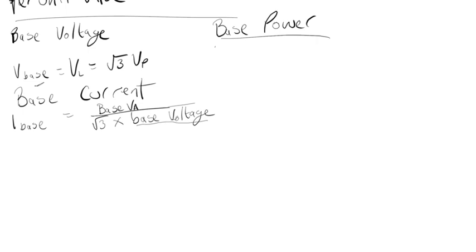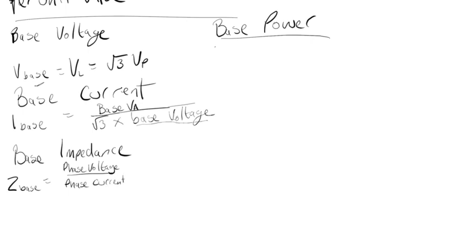Then we have your base impedance, Z base, and that can be your phase voltage over your phase current, or your line voltage, VL over root 3, over your line current.